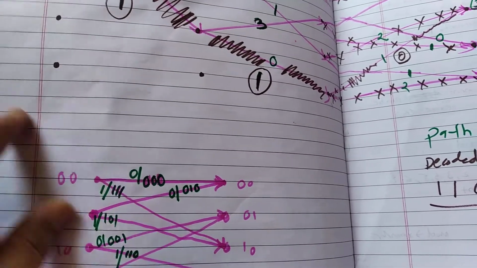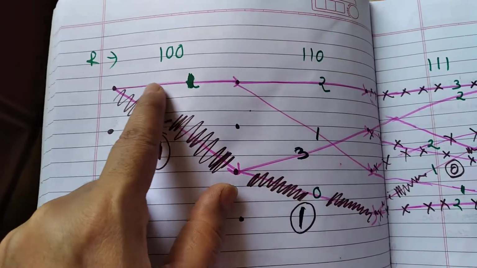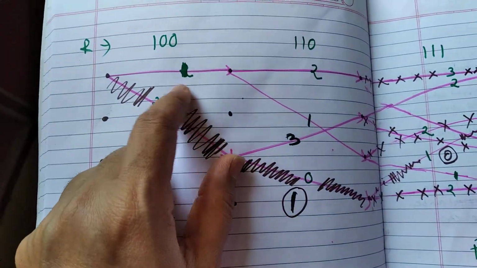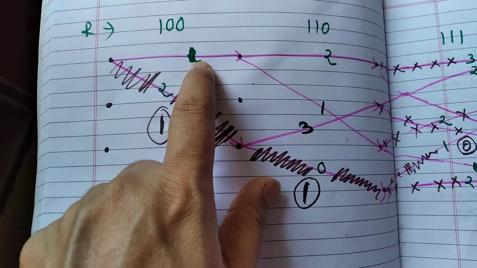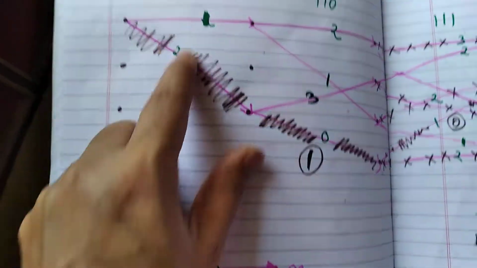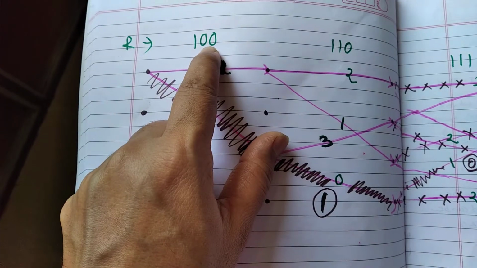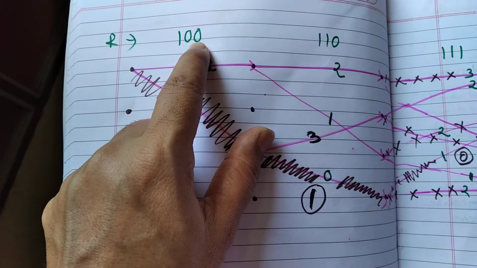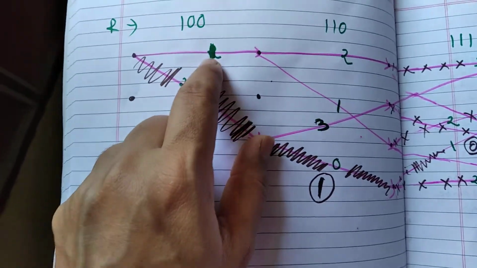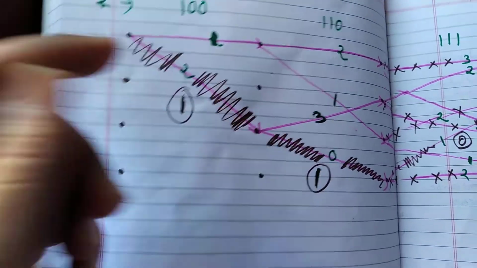So you have to draw these lines, this one and this one. The output on this line is 000, but here the coded bits are 100. That means you have to find the Hamming distance between 000 and 100.